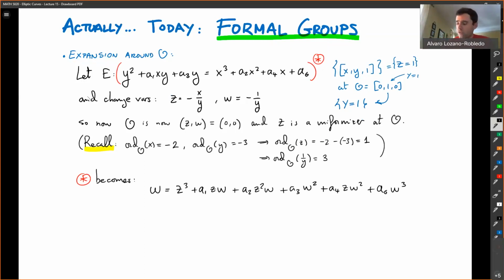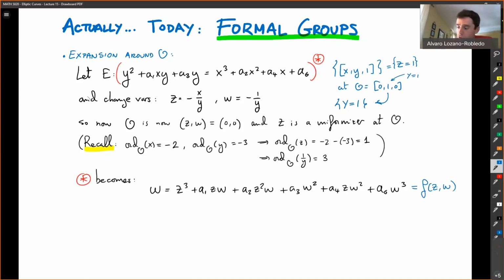Okay, the change of variables, I needed to divide by y instead of by x to get somewhere where I could talk about the origin, about O, and the negative signs are just so it looks pretty, so that it is all positive on the other side. And we have isolated a W on the left-hand side. That's important here. I'm going to call this polynomial on the right f of ZW, okay?